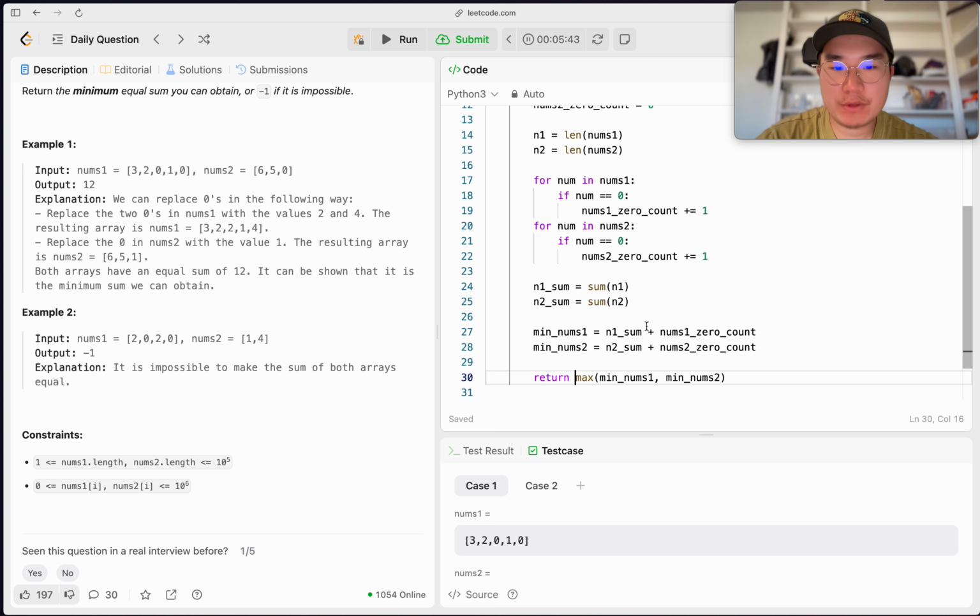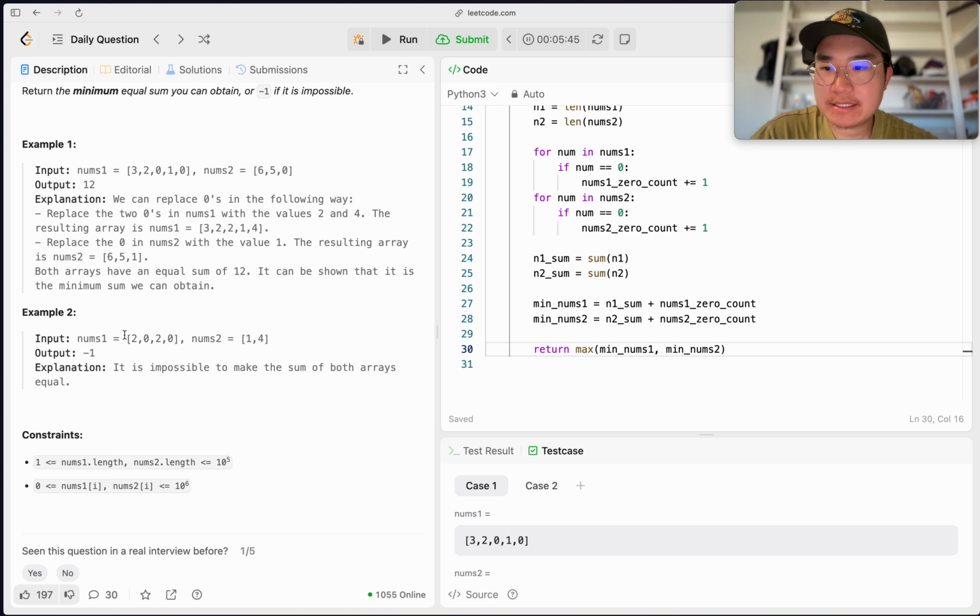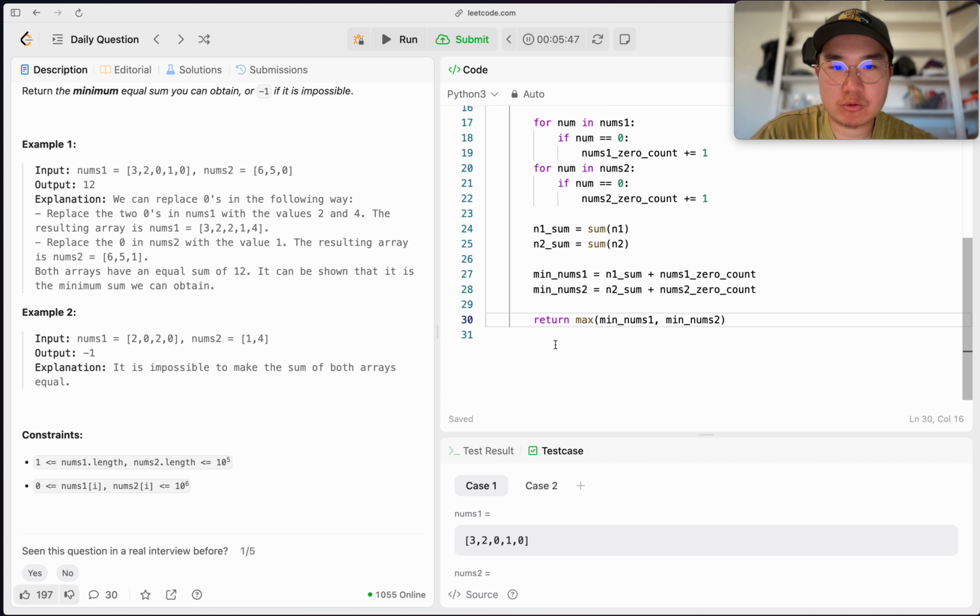But before we do that, we need to consider what happens if it's impossible. So what does it mean to be impossible? Oh, I see.